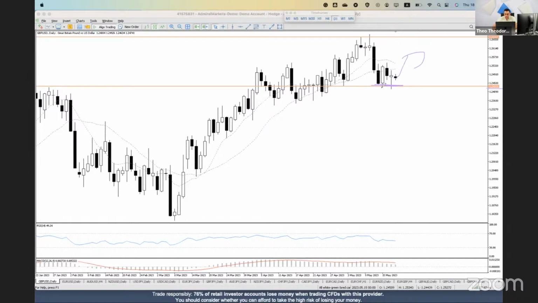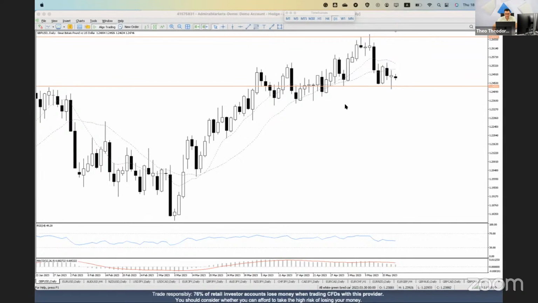We don't know. Price came another time to retest this area just 2 days ago, and with this bullish engulfing candle, the buyers didn't step in to push price higher. Therefore, I believe it's more of the weakness rather than strength of the Great British Pound against the dollar.